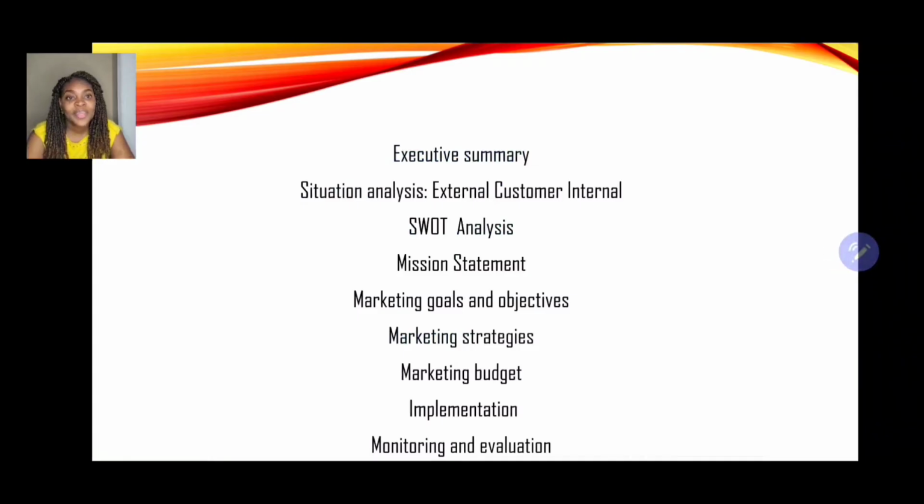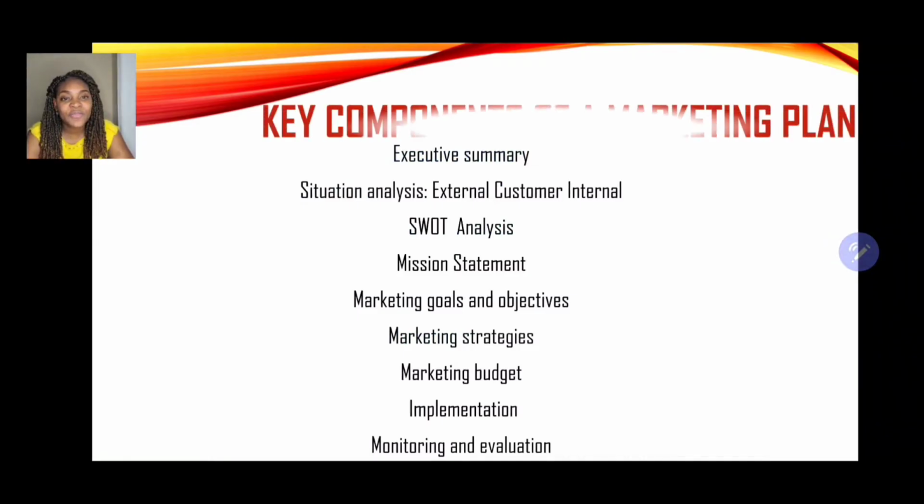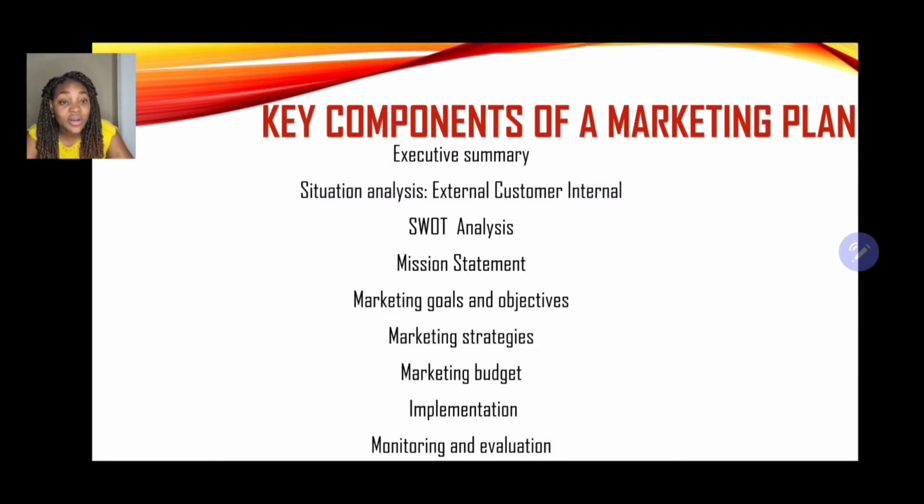All right. Now, let us look at the different components of a marketing plan. There is an executive summary, situation analysis that focuses on internal factors, customers, and also external factors.